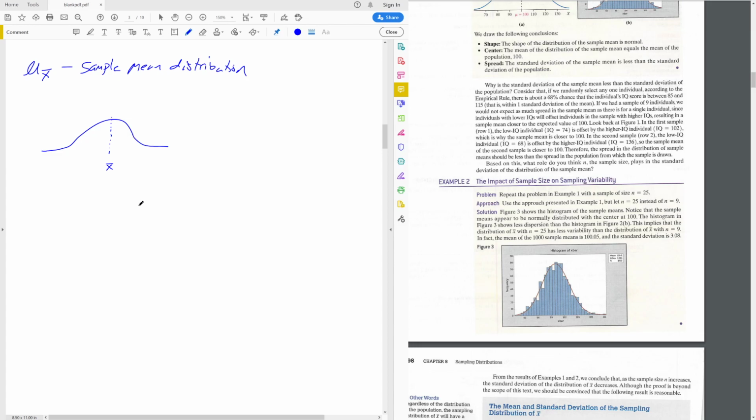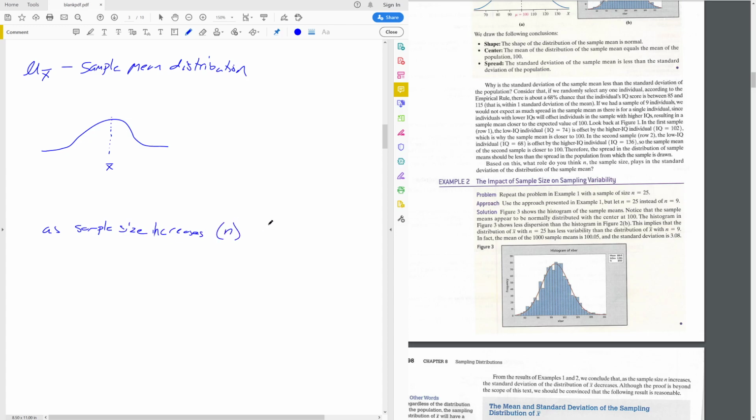So what's going to happen is, as that sample size increases, we get closer and closer. So as the sample size increases, and remember what we use for sample size is n.